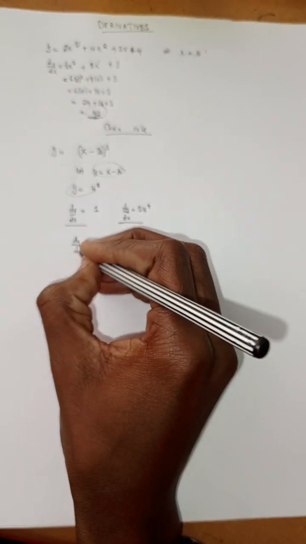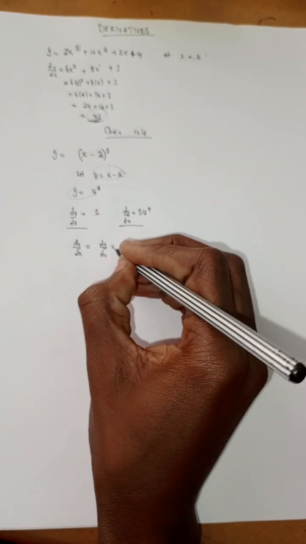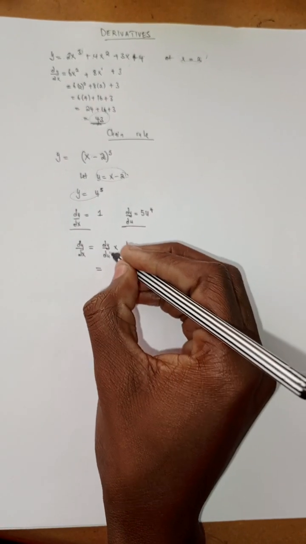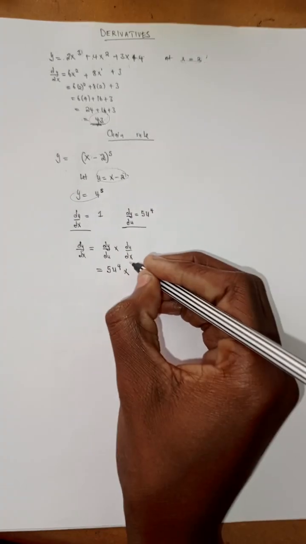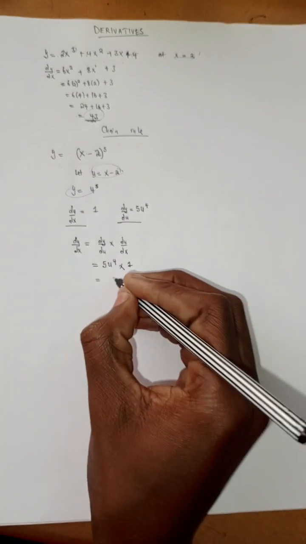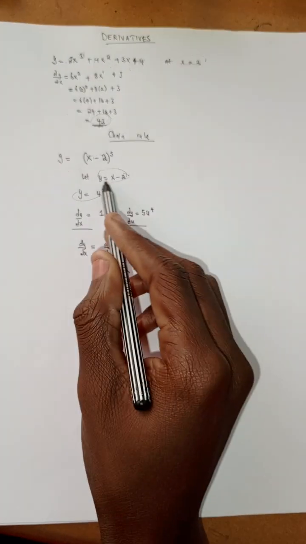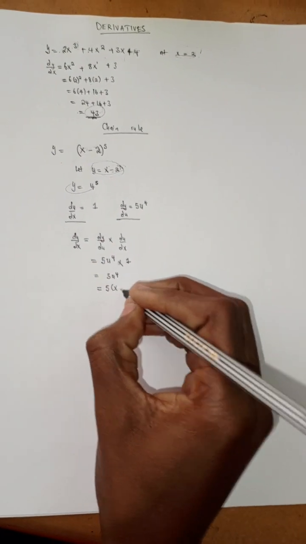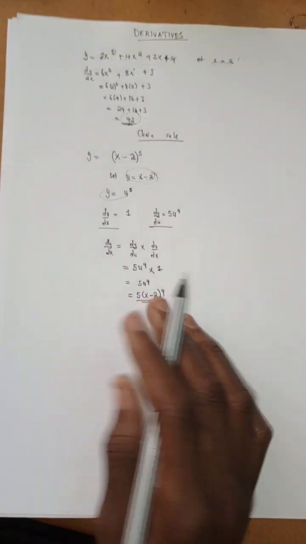So in order to find dy/dx, we can say dy/dx is equal to dy/du times du/dx. So dy/du is simply 5u to the power 4 times du/dx is simply 1. And then we get something like this. We can replace u with our original function, which is that. So this is the derivative using the chain rule.